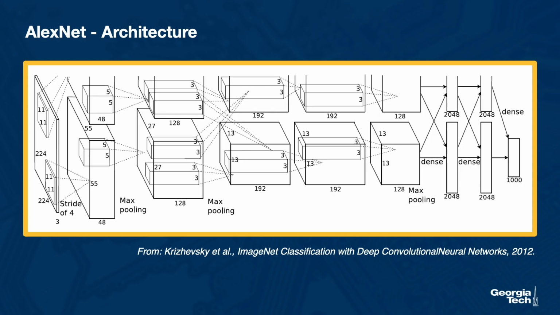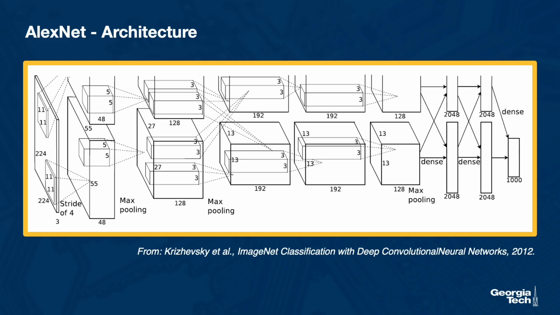This shows a depiction of the convolutional neural network architecture. One thing that might be a little bit strange is that you can see this horizontal split, and that's only because this neural network architecture was so large that it could not fit into one graphics processing unit, and so it was split into two. And so what you can see is, similar to what we have seen before, you have an input image, in this case, with depth 3.